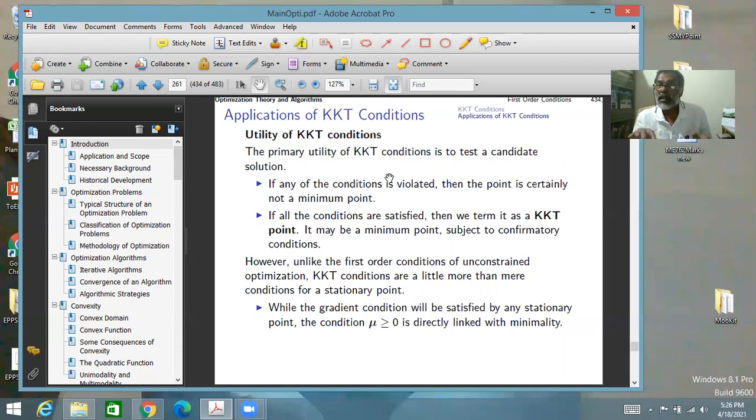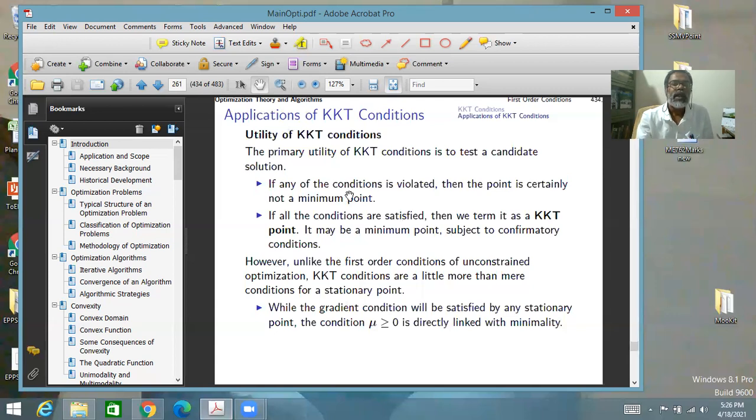However, if all the conditions are satisfied, then also we don't know for sure that it is a minimum point. For the time being, we call it a KKT point. And then a KKT point has to pass through some further confirmatory tests to be accepted as a minimum point. So in a way, it can be a shortlisting criterion.